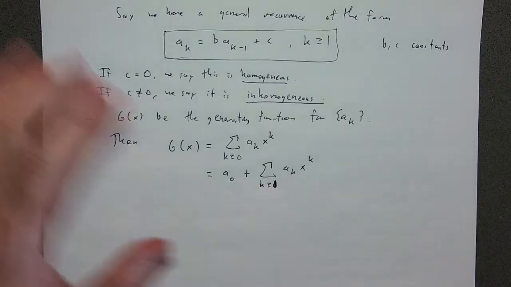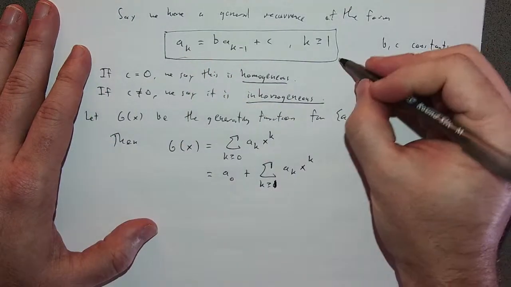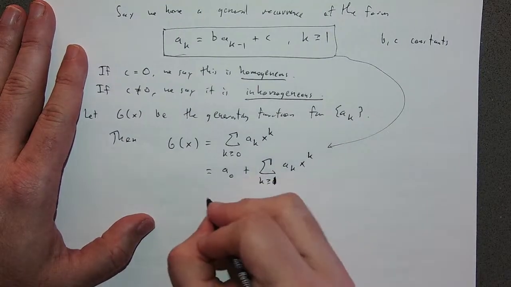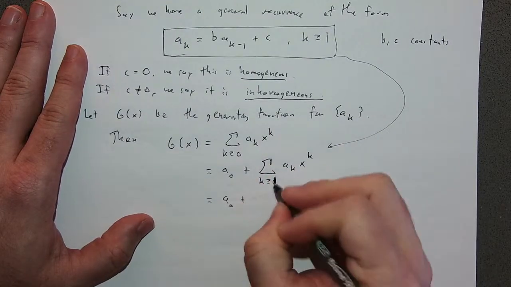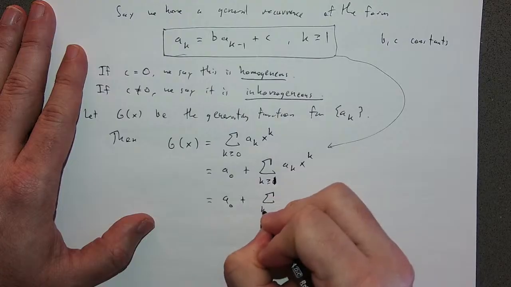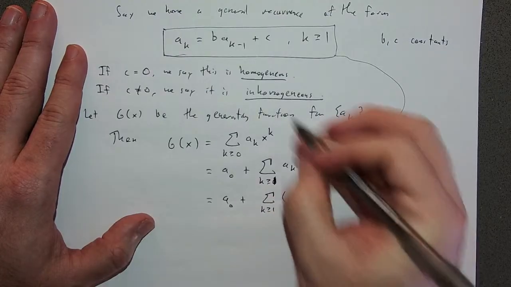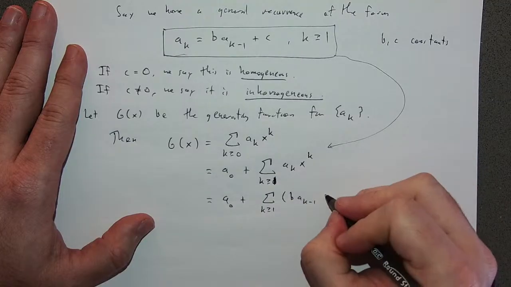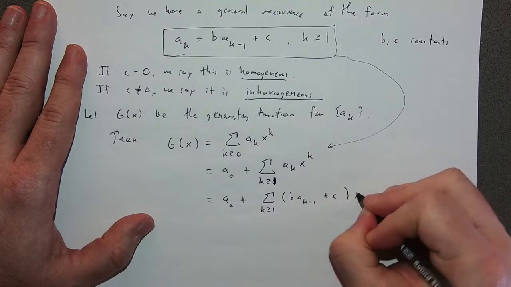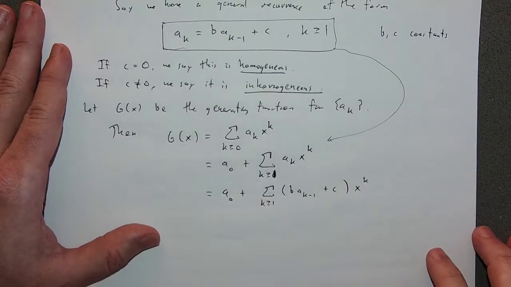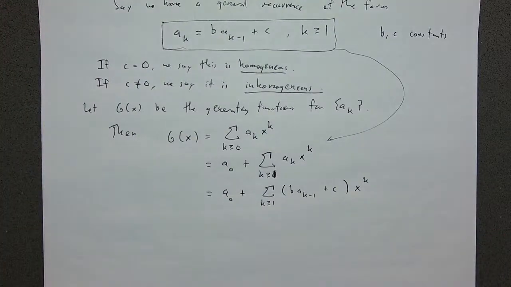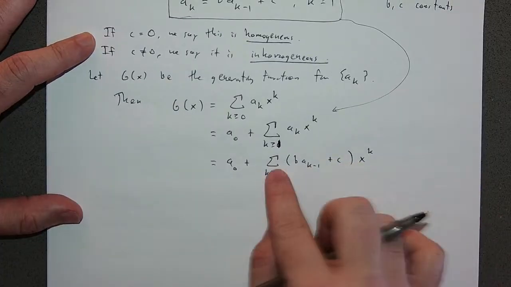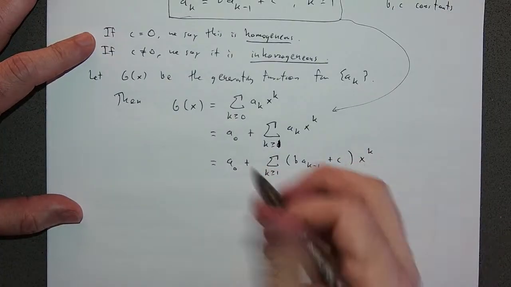So now I can substitute in this recurrence into my generating function here, since I'm in the case k bigger than or equal to 1. So this is a naught plus the sum over k bigger than or equal to 1 of this expression. So b a sub k minus 1 plus c times x to the k. Just like in the Fibonacci case, I'm going to distribute this x to the k and split this sum.